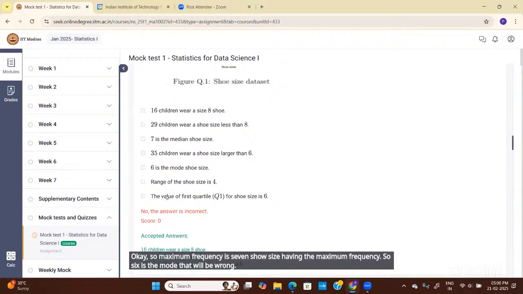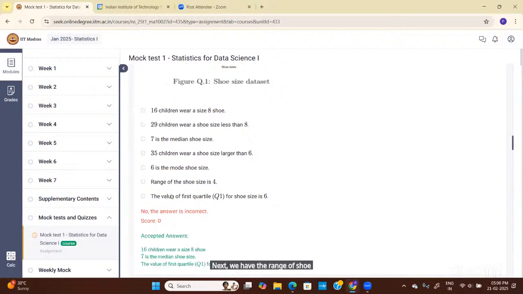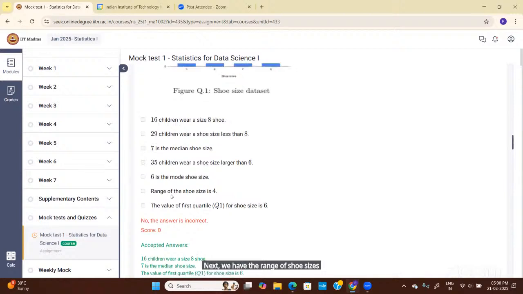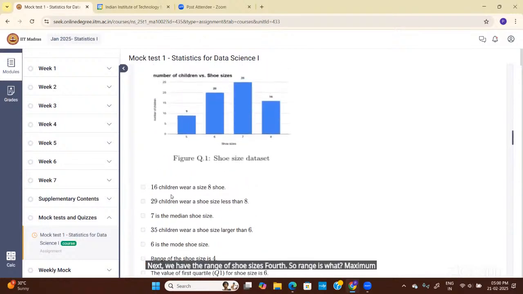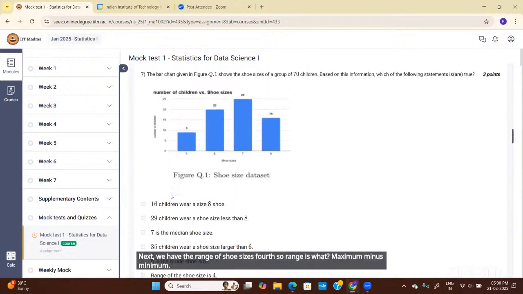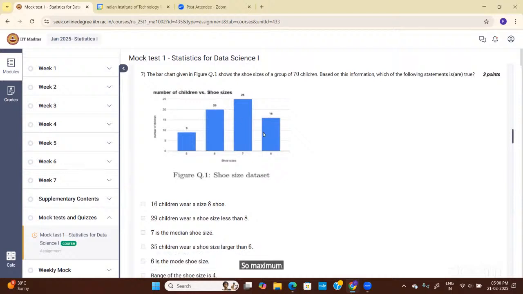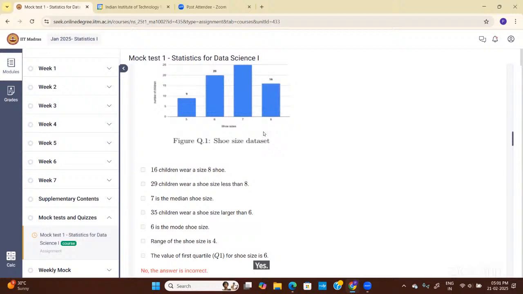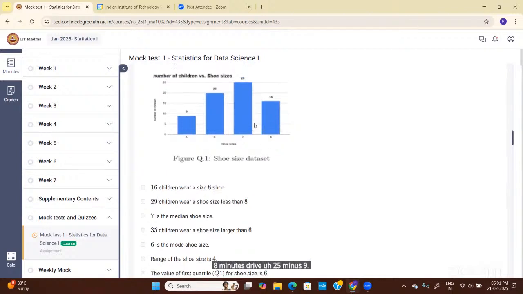Next, we have the range of shoe sizes is 4. Range is maximum minus minimum. The maximum is 8 minus 5. The 25 is the frequency, not the value of the data point.